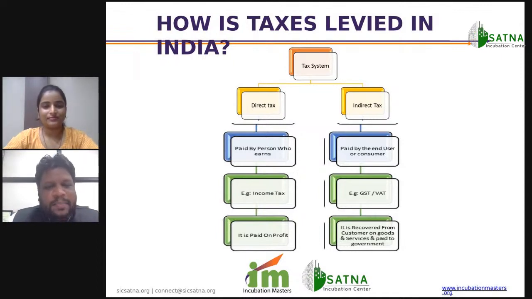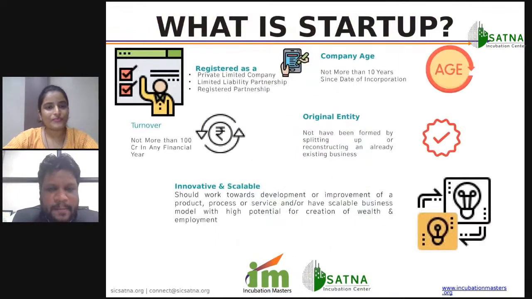On this side, an example is the income tax we used to pay, and for indirect, it is GST or VAT. Direct tax is paid on profit or salary. Indirect tax is recovered from the customer on goods and services and paid to the government. So this is the basic difference between direct and indirect taxes, how it works and how the government collects them. Yes, next.